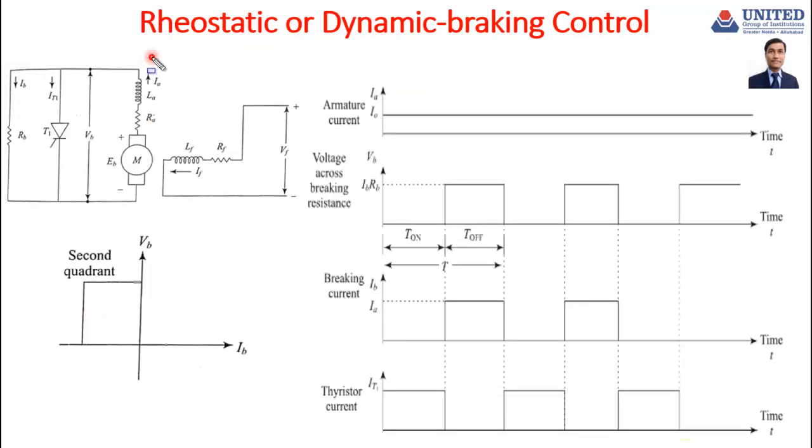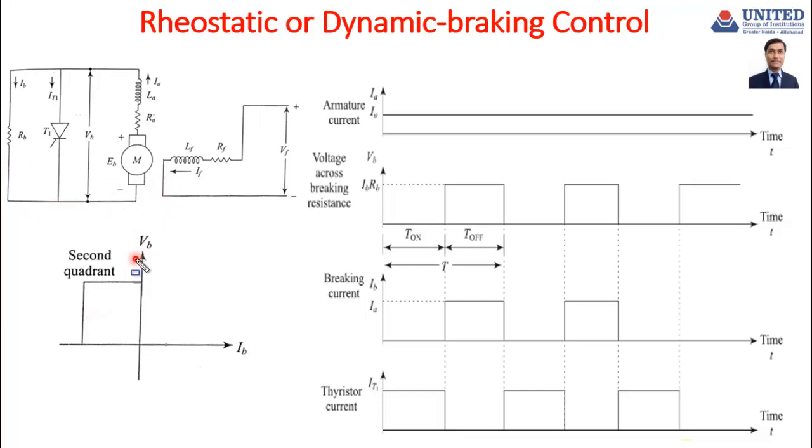Now let us see the rheostatic or dynamic braking control. The rheostatic braking is also called dynamic braking. In the rheostatic braking of chopper fed DC drives, the stored energy must be dissipated in the rheostat. Therefore, the system will be heated.